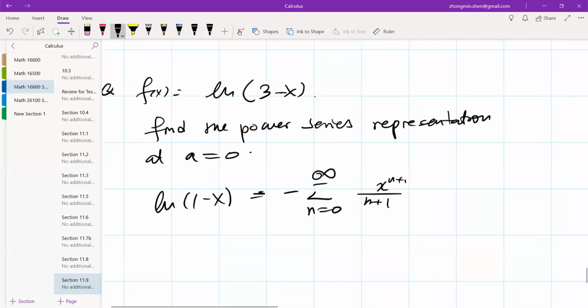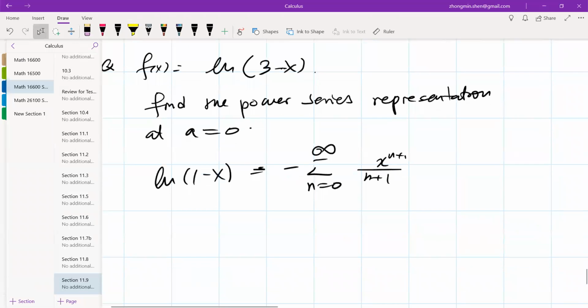If you forget that, you just integrate 1 over 1 minus x on both sides. This holds for absolute x less than 1.